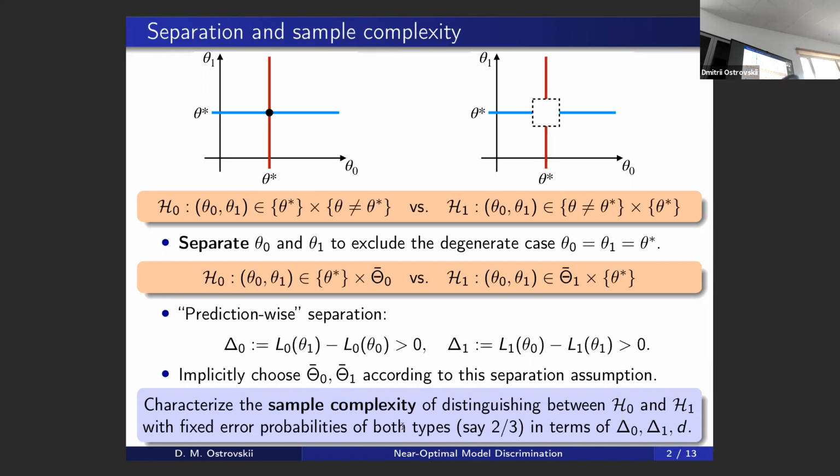In other words, the sample complexity is the smallest sample size, where I assume for simplicity that the samples are of equal size, which is sufficient for the errors of both types to be bounded by 1/3, let's say. Any questions at this point?